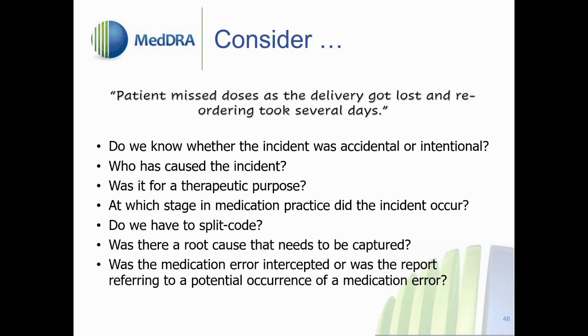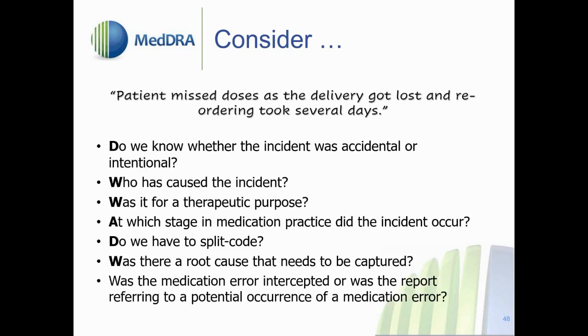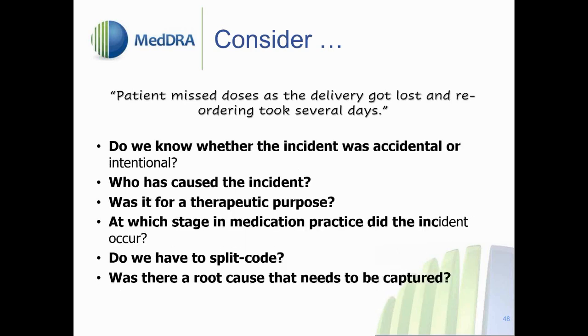We may have to split code, yes, because we know that the patient missed doses of the medication and that the root cause was the fact that he couldn't get his medication because the delivery got lost. So this needs to be captured or considered here when looking at the verbatim and when selecting potentially suitable LLTs in order to code this scenario.